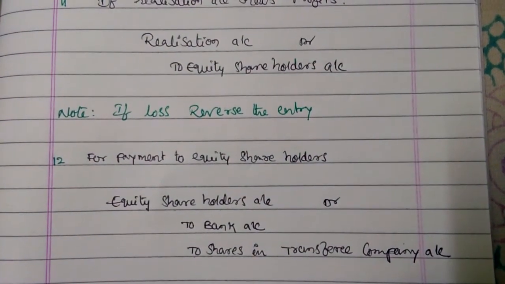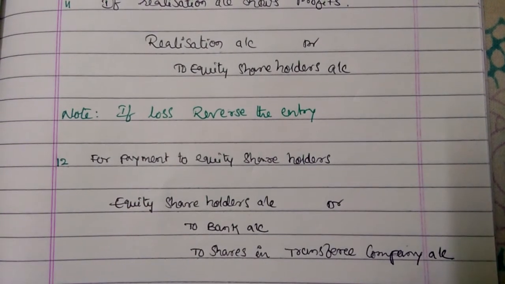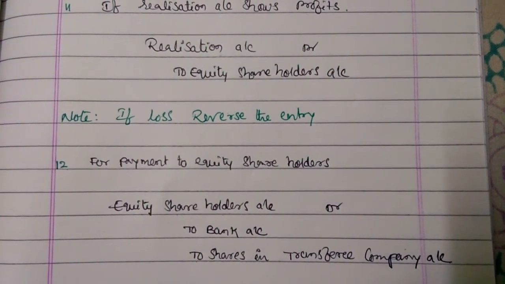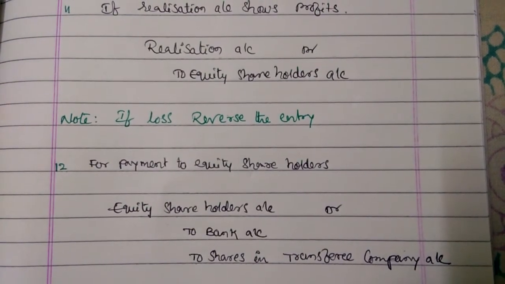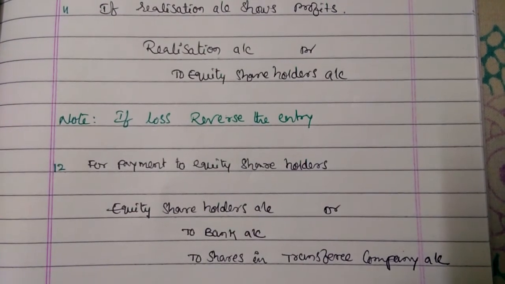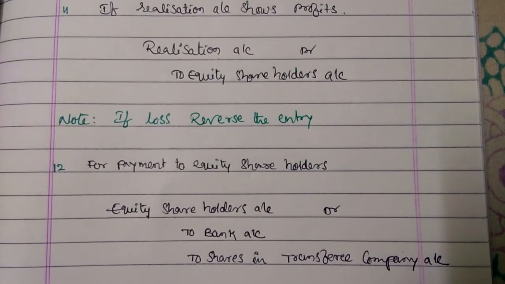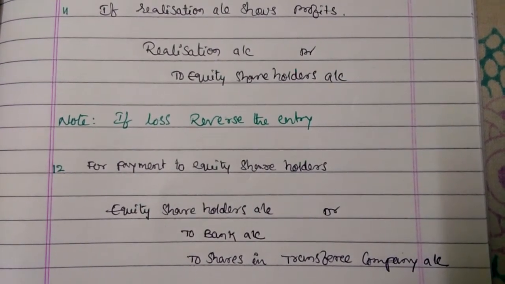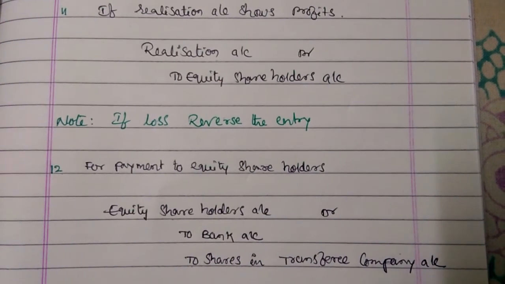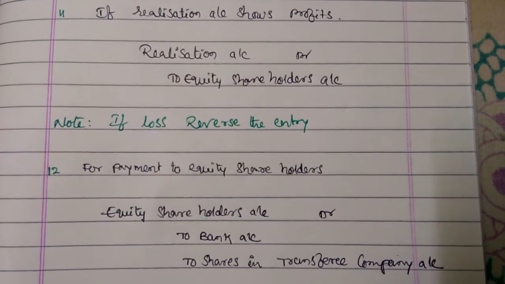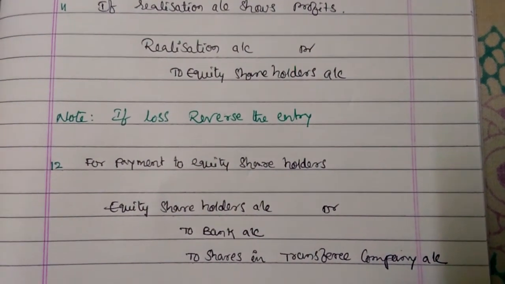Then finally, the last entry is for payment to equity shareholders. The total amount is paid to equity shareholders, and the entry is equity shareholders account debtor to bank account, to shares in transferee company account.